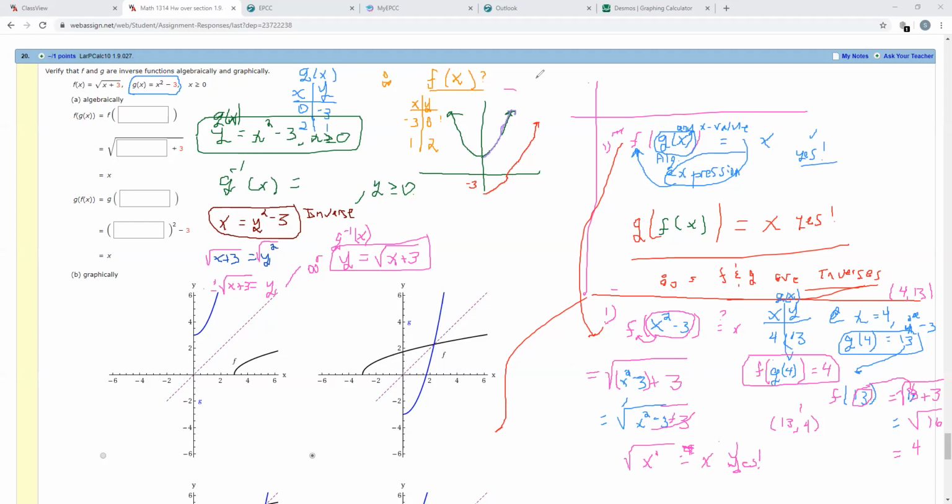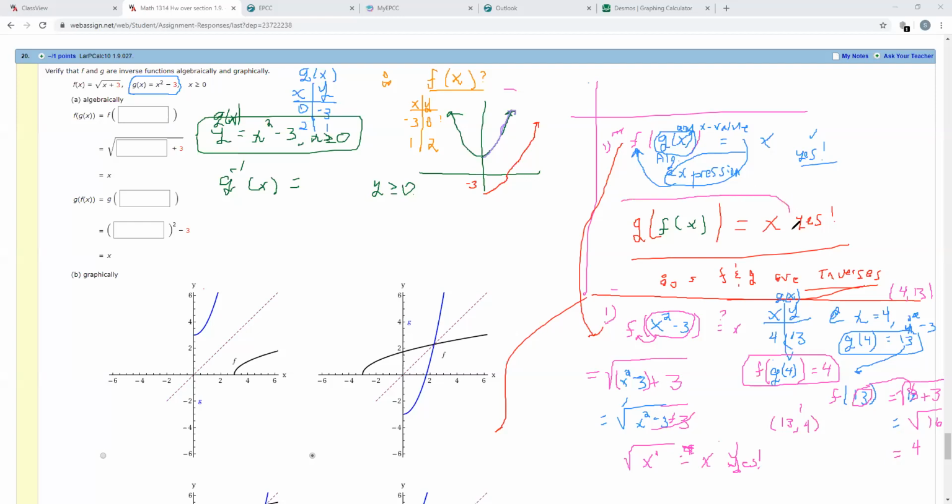Okay, so let me erase some of this. So now we're going to do this one right here. Well, I have it written right here, so I'm not going to write it again.